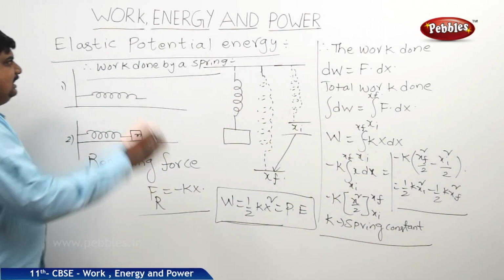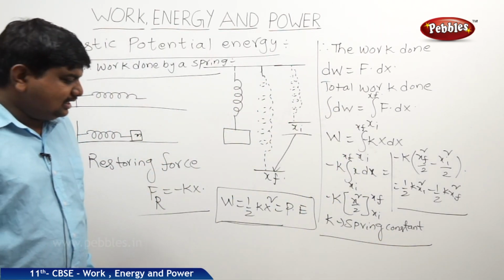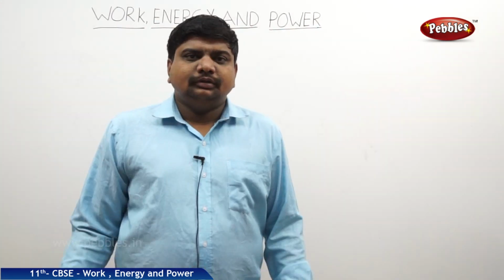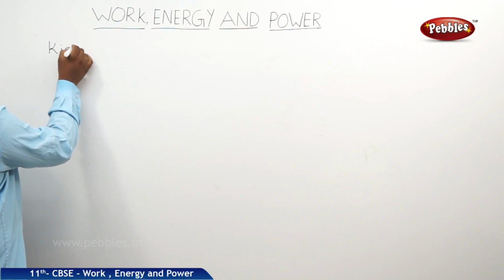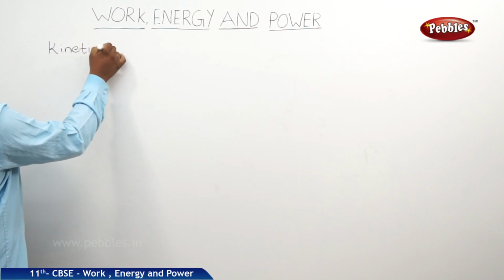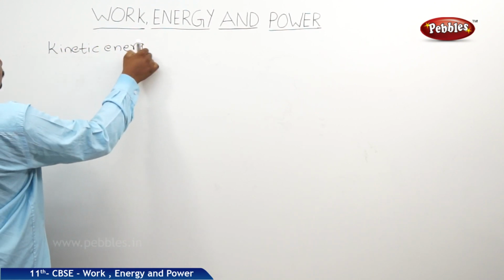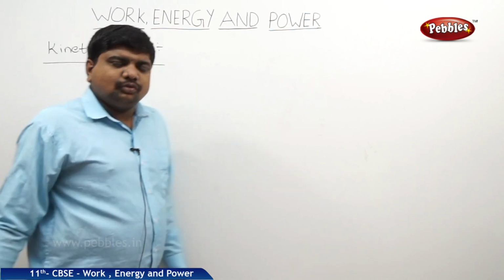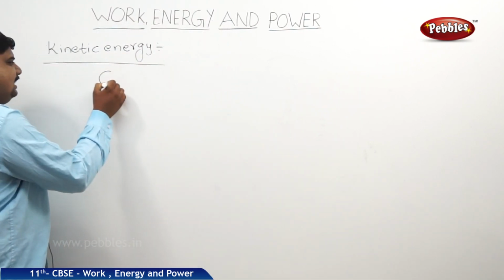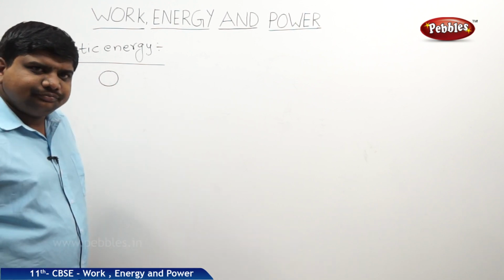Like this, we can derive the elastic potential energy formula also. Next, the concept is kinetic energy. So what is kinetic energy? What can we think about it? If the body is at rest, its velocity is 0.